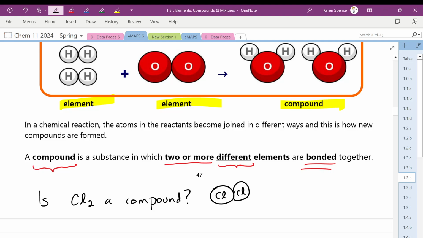Is Cl2 a compound? No, because the atoms are the same. Is Cl2 a molecule? Yes.